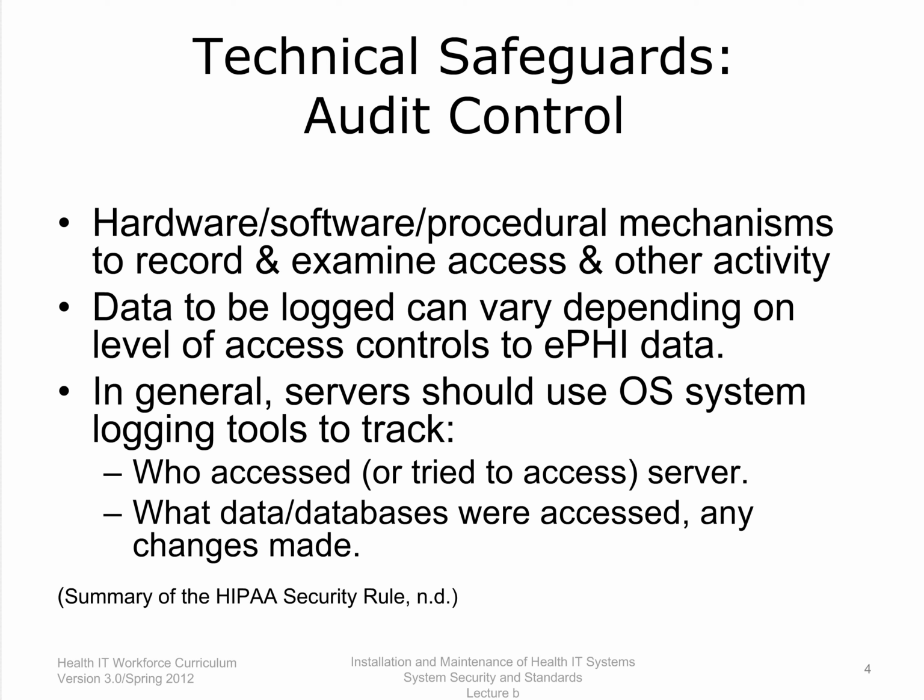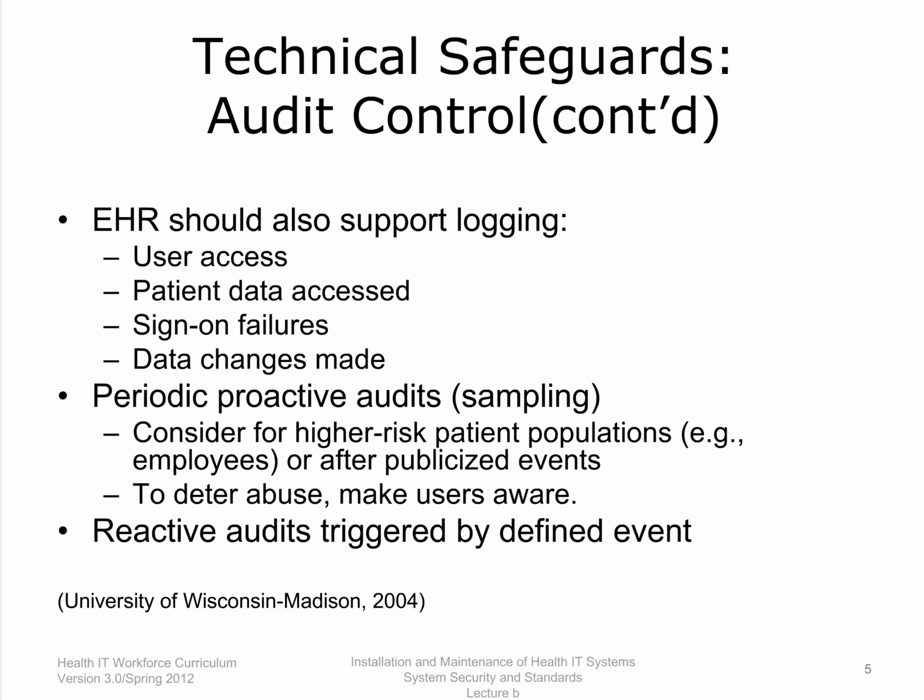However, there are some pretty consistent items. In general, your servers should use OS system logging tools to log who accessed or tried to access the server and what data or databases were successfully accessed and any changes made.